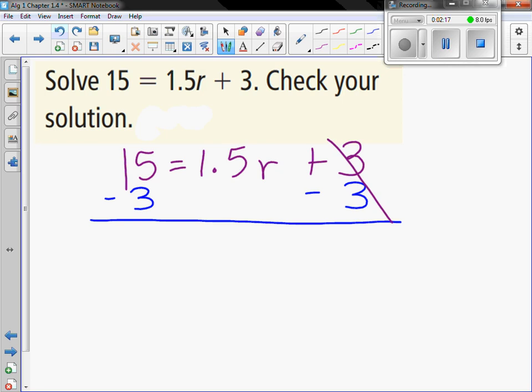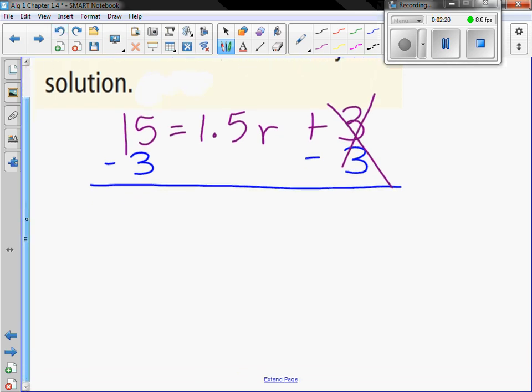So these two cancel out. So the only thing left on the right side is 1.5 r. 15 minus 3 is 12.